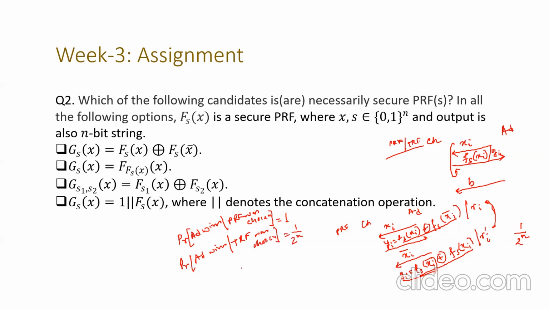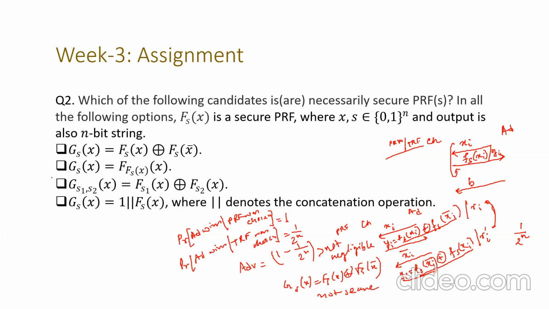So the distinguishing advantage of the adversary is 1 minus 1 by 2 to the power n, the difference between these two cases, which is clearly not negligible, right? So that's why we can say that the function g defined in this manner, fs of x XOR fs of x bar, is not secure here, because the system can be broken with this strategy by the adversary.